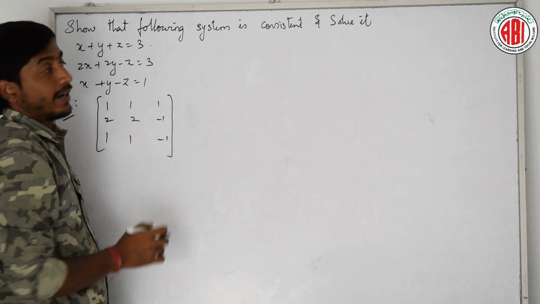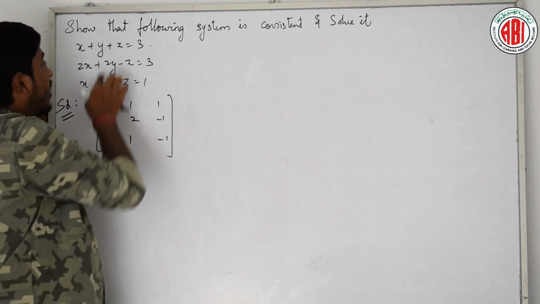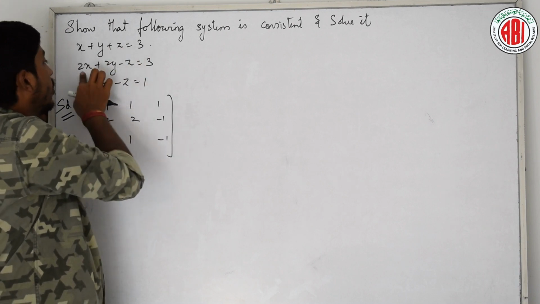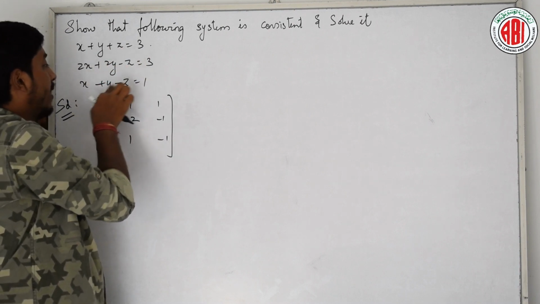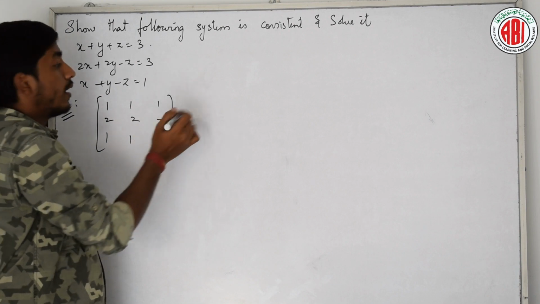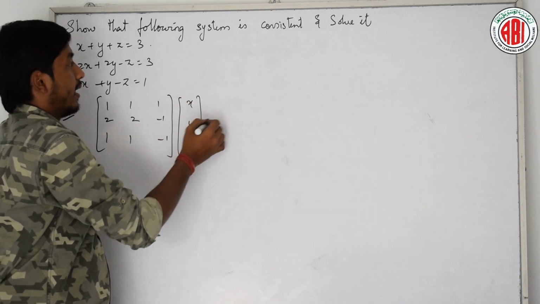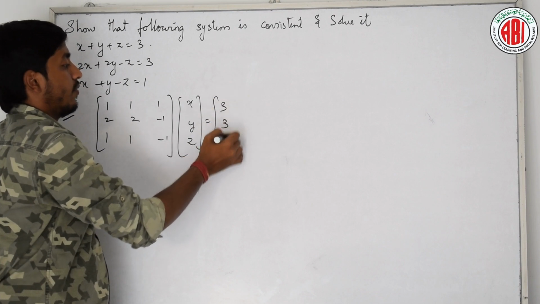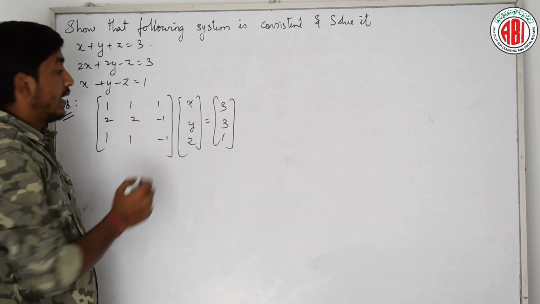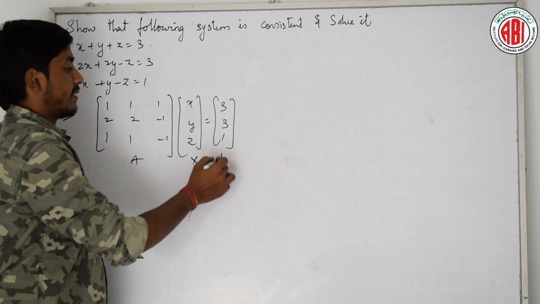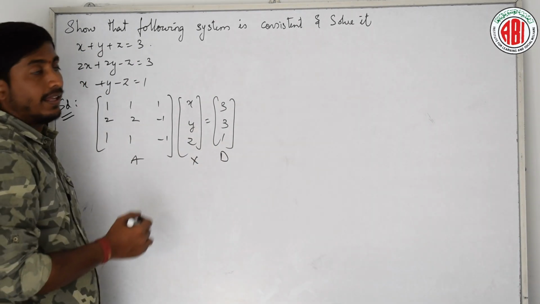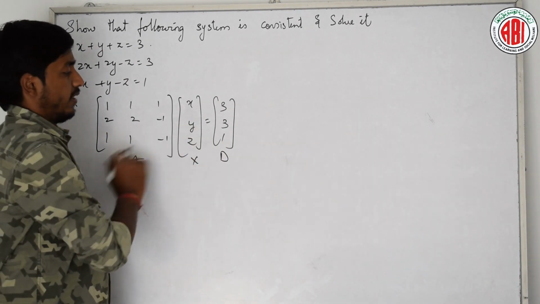Are you able to understand? Into x, y, z, that is equal to 3, 3, 1. This is A, this is X and this is D. Which means we got it in the standard form.